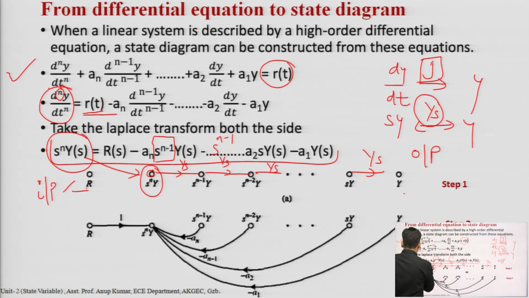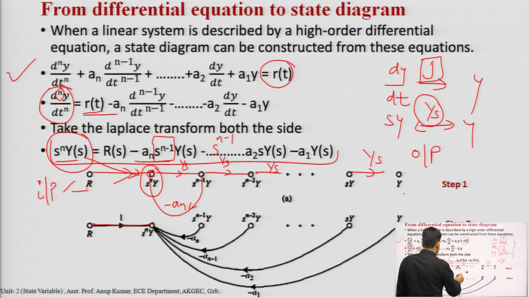Now, this equation is equal to plus r(s), so r is coming to the input of this node, and it is receiving minus a_n times s^(n-1) y. If I take minus a_n as the gain here, I get this equation, because this SFG part we have done in unit 1, you can refer to those lectures.